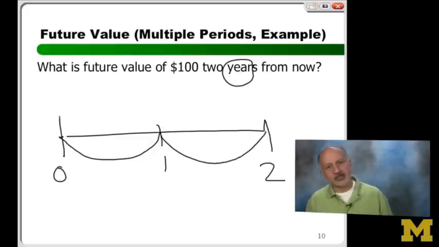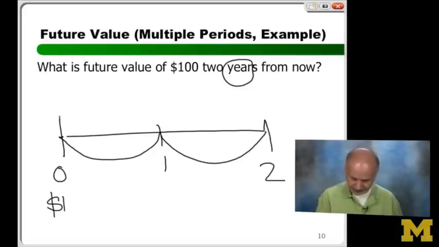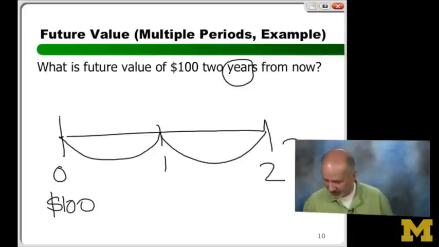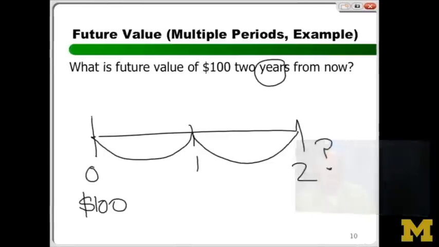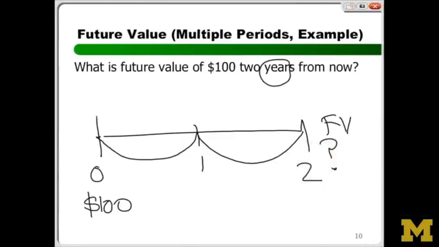And what is the question asking me? So you put $100 in the bank, and you're asking yourself, how much will you become at this point? So what is the future value of this? So the question is pretty straightforward, but it is a little bit complicated. So here's what the answer will be, and I'll tell you the answer first.